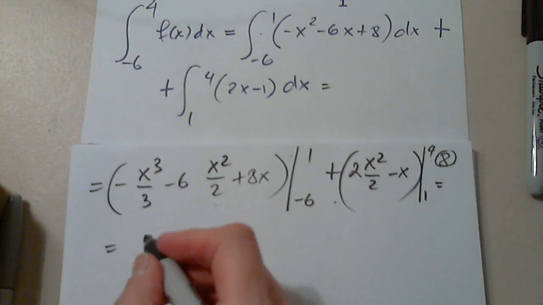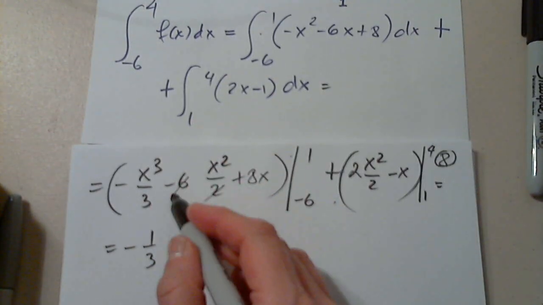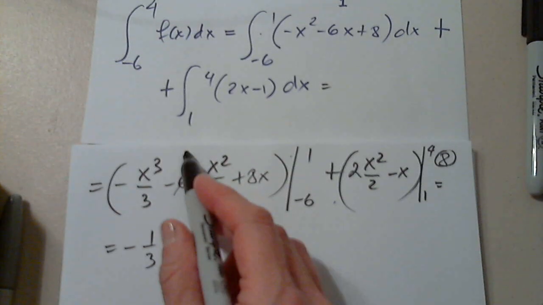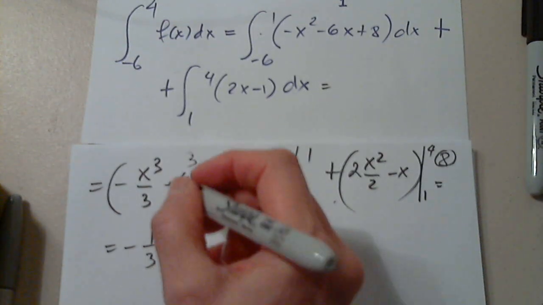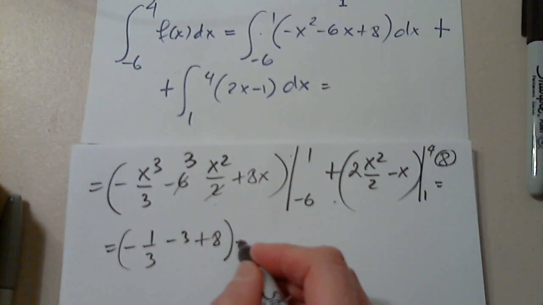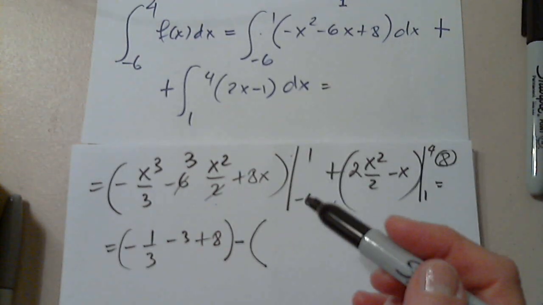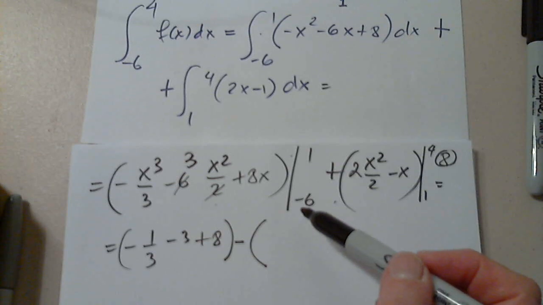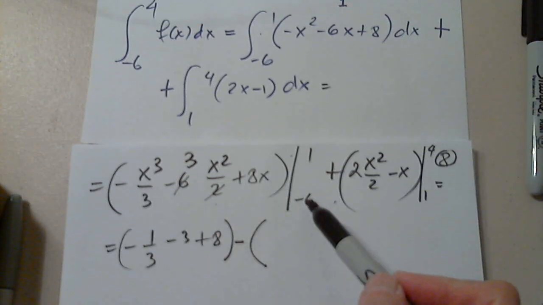Okay, so I would plug in 1. Negative 1/3, here I simplify, and I get minus 3 plus 8. Put parentheses, minus. We need to be very careful here because there is a negative.